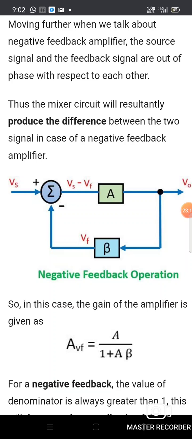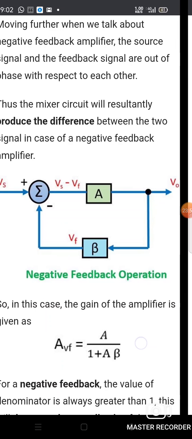The amplifier input is Vs minus Vf, the output is V0, and the feedback output is Vf. In this case, the gain of the amplifier with feedback AVF is equal to A by 1 plus A beta. For negative feedback, the value of the denominator is always greater than 1, right? So the denominator sign is positive for negative feedback connections.